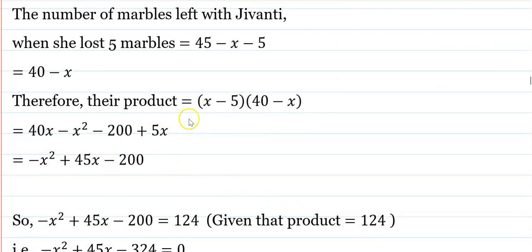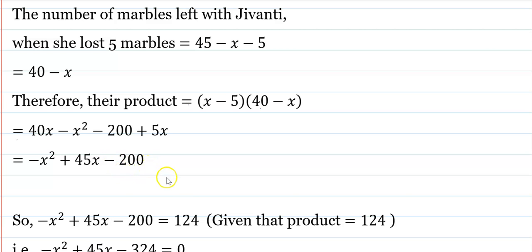And now their product, that is x into 40, 40x, x into minus x, minus x square, minus 5 into 40, minus 200. Okay, x into minus x, that is minus x square. And the next is minus 5 into minus x, that is plus 5x. We can rearrange the terms: minus x square, next is plus 40x plus 5x, 45x, minus 200. Okay.